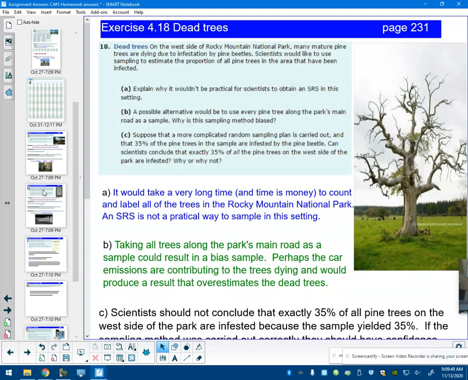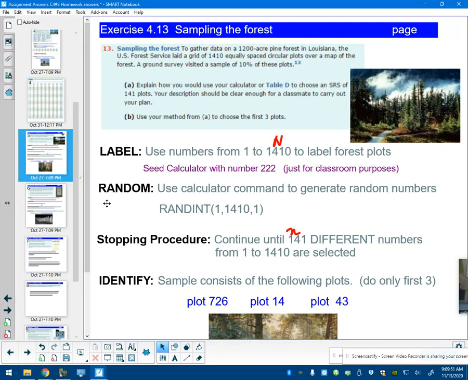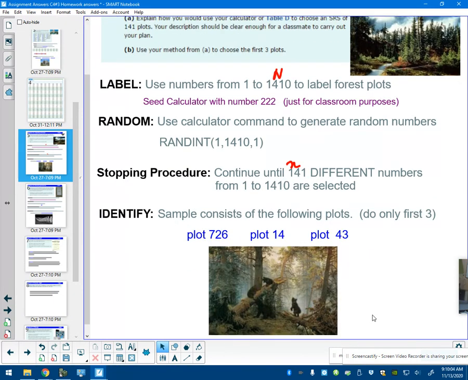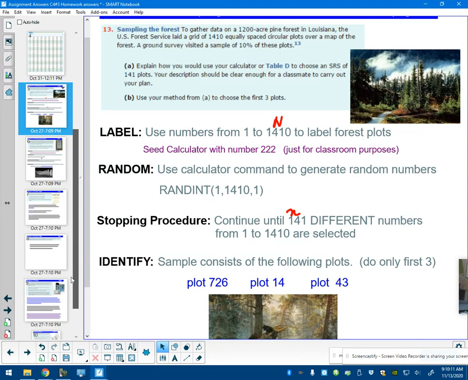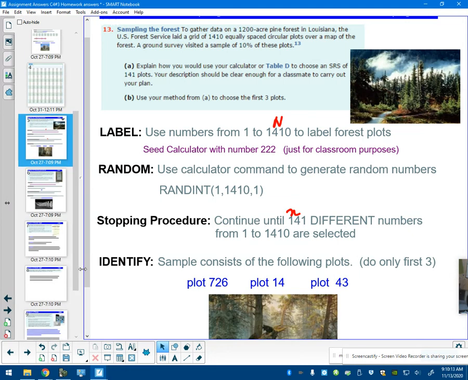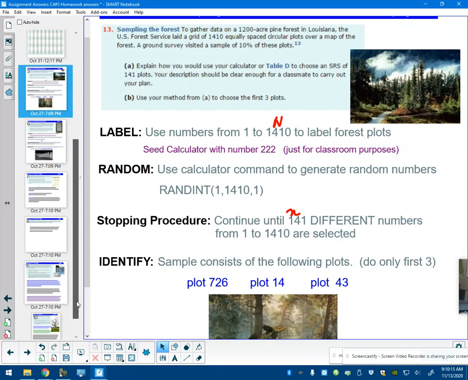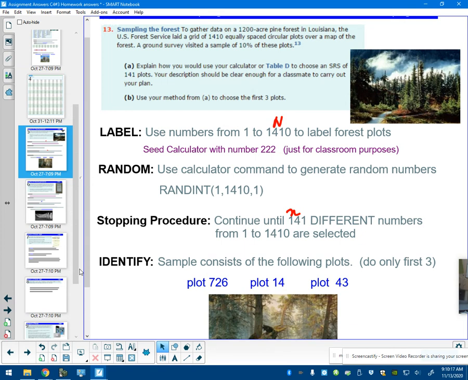Yeah, you only have to do the first 3. In part B, it says use your method from A to choose the first 3. But you want to put 141 in the stopping procedure. You just don't have to do all those. Okay, well, I did. Sorry about that. No, I will never ask you to do something like that. Yeah, and now you know why, because it's tedious and it wastes your time.